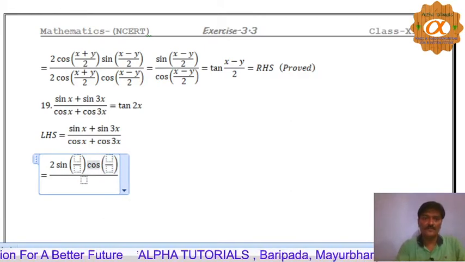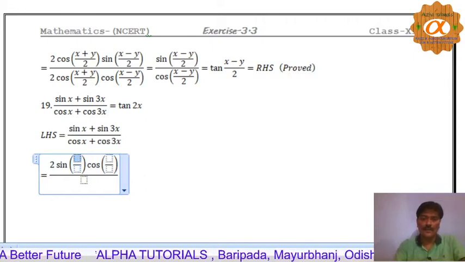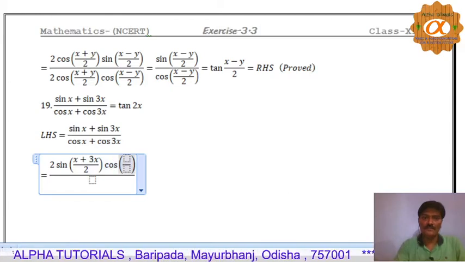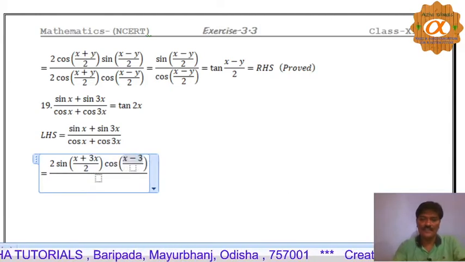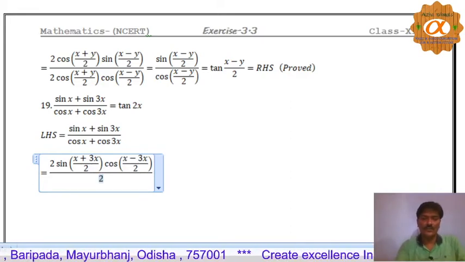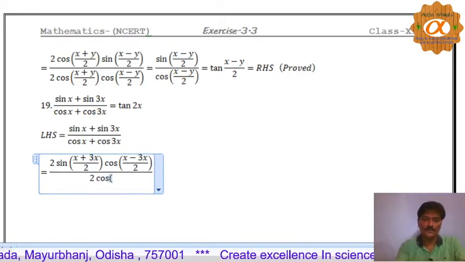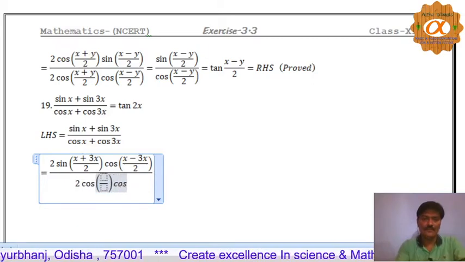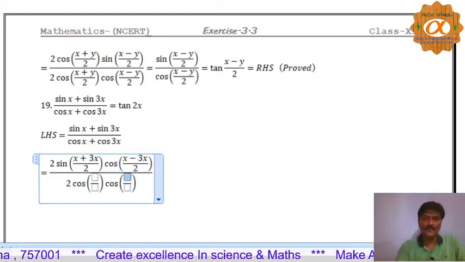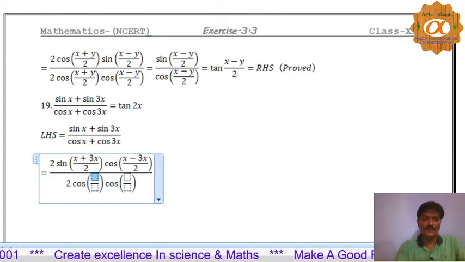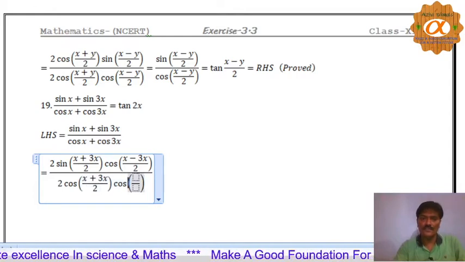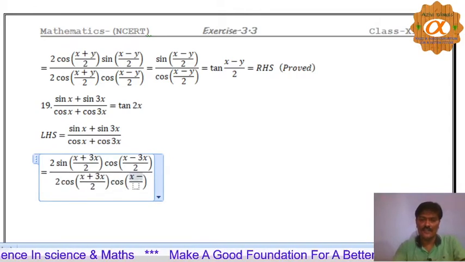Putting values, it is x plus 3x by 2, and in cos it is x minus 3x by 2. Now cos A plus cos B is 2 cos A plus B by 2 and cos A minus B by 2. Again putting values, x plus 3x by 2, and similarly here x minus 3x by 2.